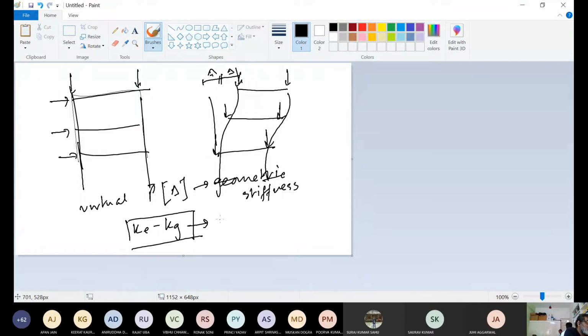This is the actual stiffness of the structure. I can derive how a geometric matrix is formed, but as of now, can we just take it as something which is acceptable, that this is your actual stiffness of the structure? At least in a conceptual way, is this making sense?